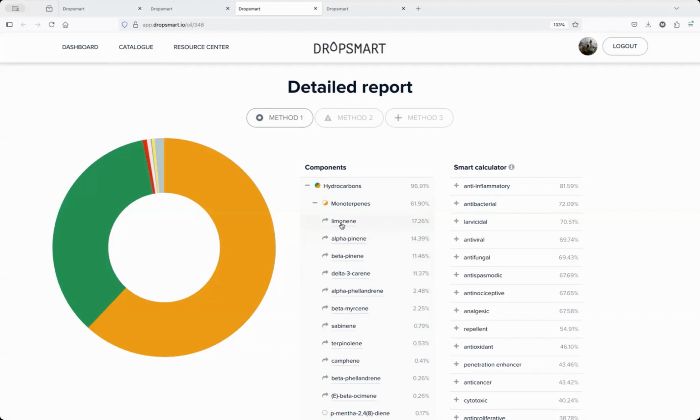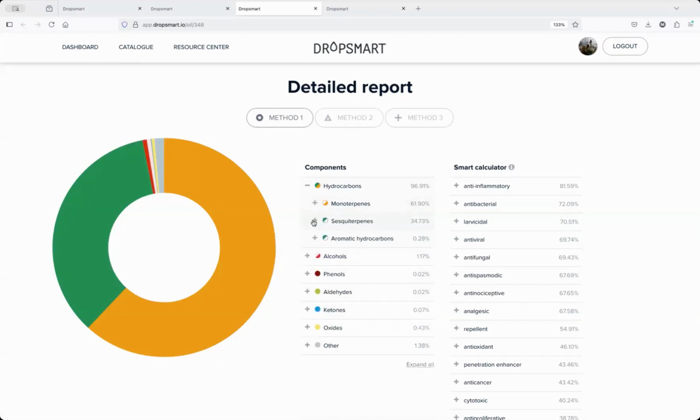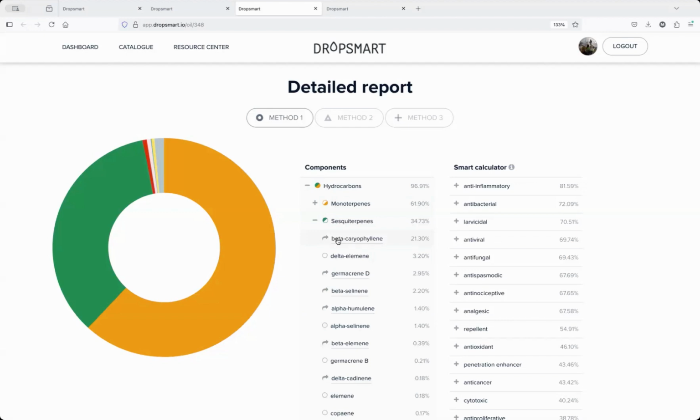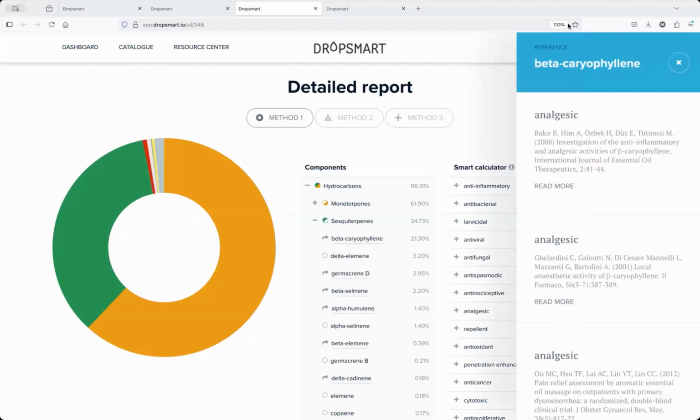That's why Dropsmart comes in really well, because it calculates it for you. But we're going to come back to that. What I want to show you is that you do have a lot of beta-caryophyllene. It's 20%. And beta-caryophyllene is such an interesting chemical constituent.